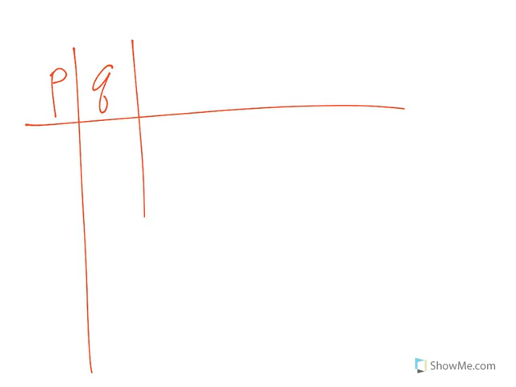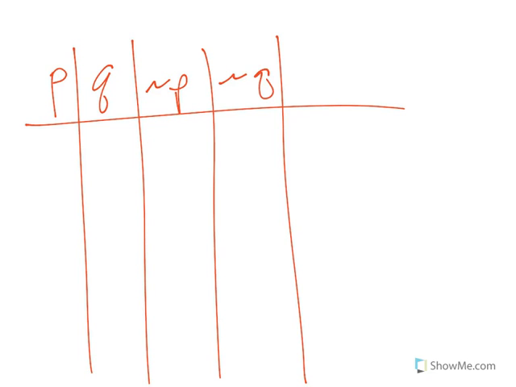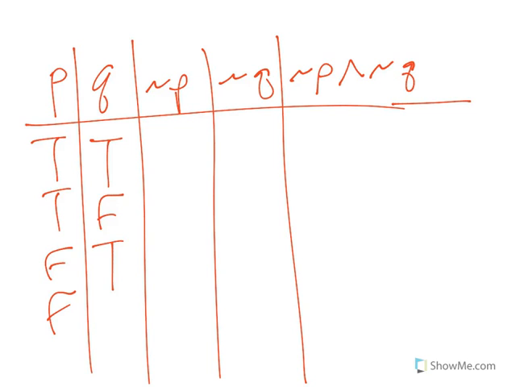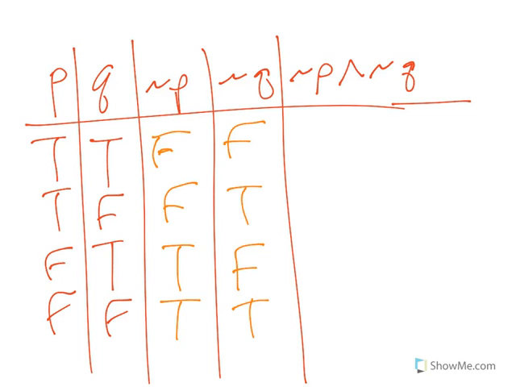Okay, so P, Q, not P, not Q, and we are looking at not P and not Q. Okay, so true, true, false, false, true, false, true, false. Let's negate P: false, false, true, true. Let's negate Q: false, true, false, true.